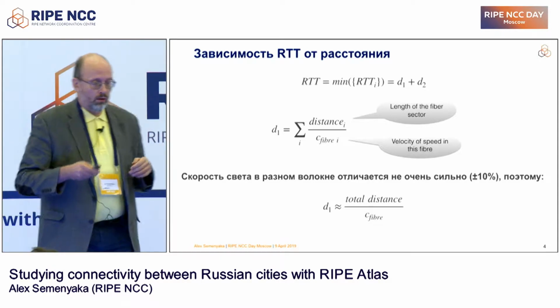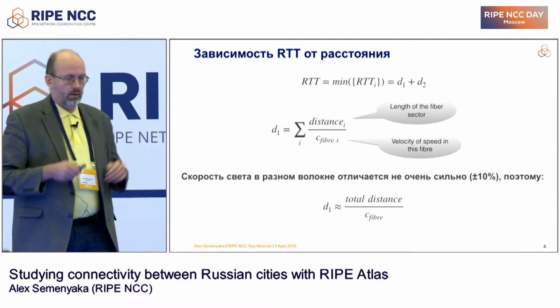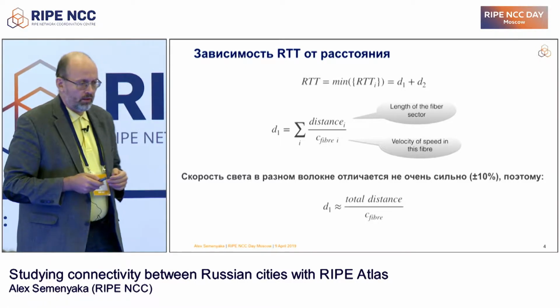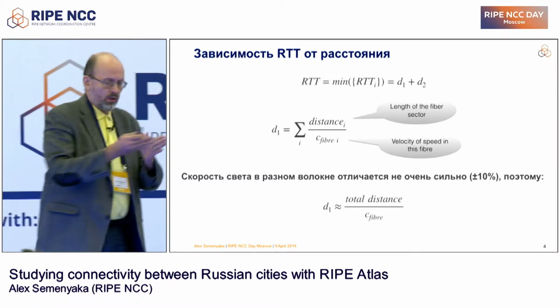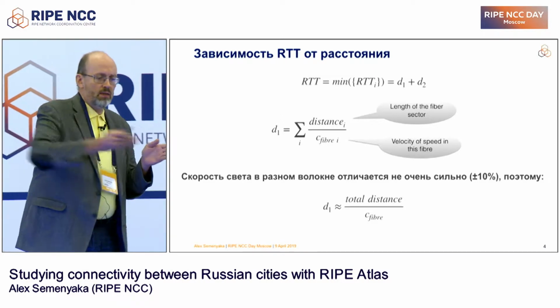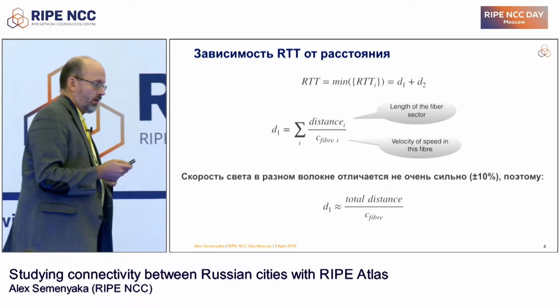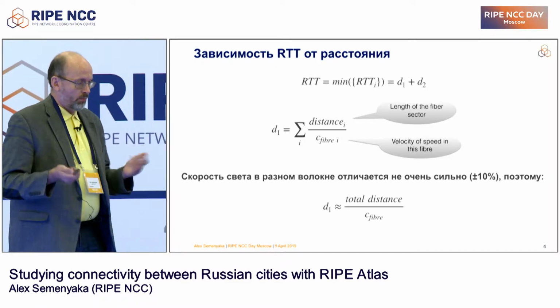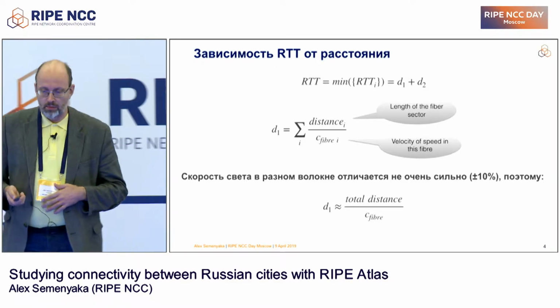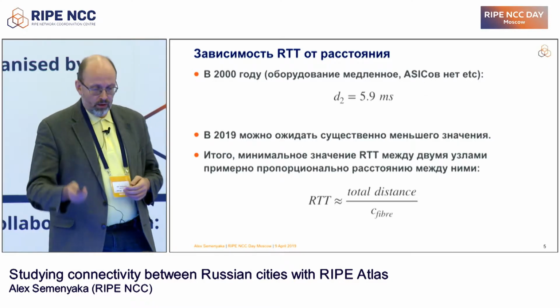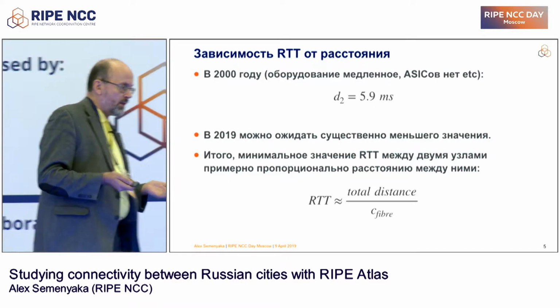If you look at the minimal value, and today there are minimal values, quite often this third component becomes nil. We can get rid of this last latency by adjusting our network. So we are left with only hardware latency.